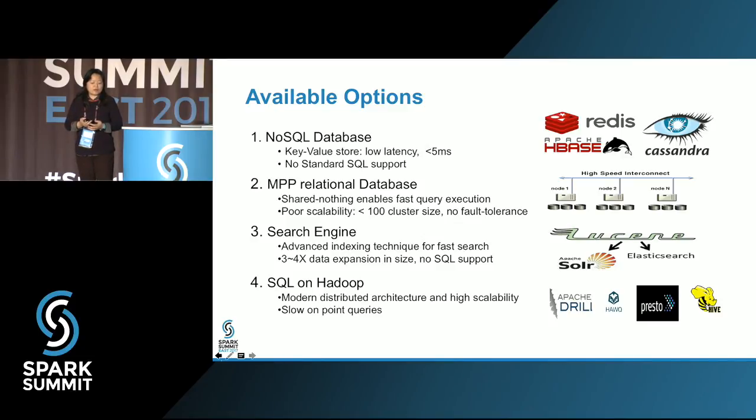The fourth category is SQL on Hadoop, with modern distributed architectures, and they offer high scalability, but they are slow on point queries. Here we list a couple of typical systems, from either open source or different vendors, and you can see there are many of them.